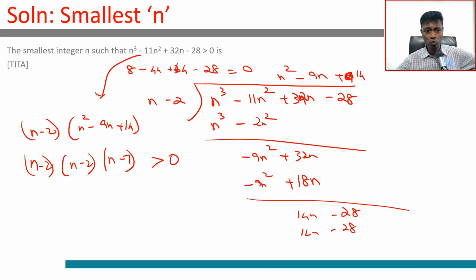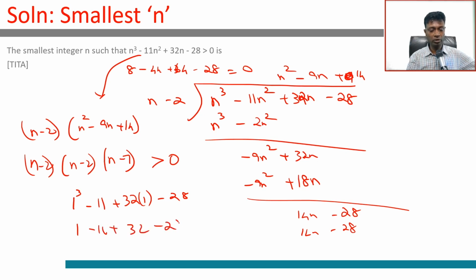What happens when n is 1? Very interesting. When n is 1, this is 1 cube minus 11 plus 32 into 1 minus 28. 1 minus 11 plus 32 minus 28. This is 33 minus 39, which is minus 6.